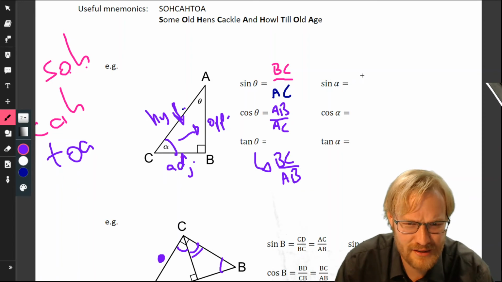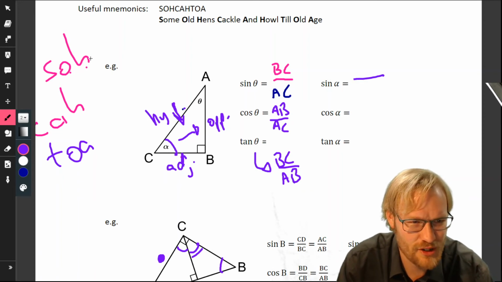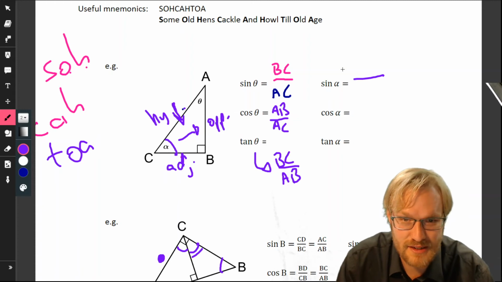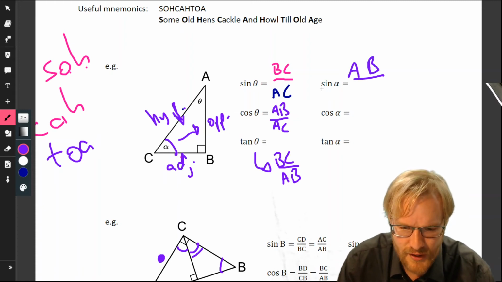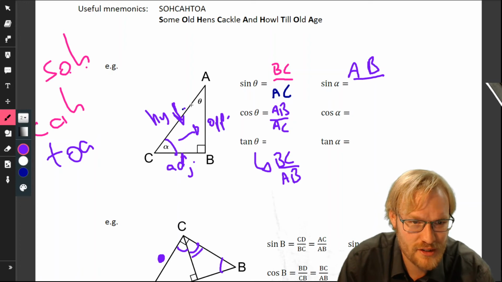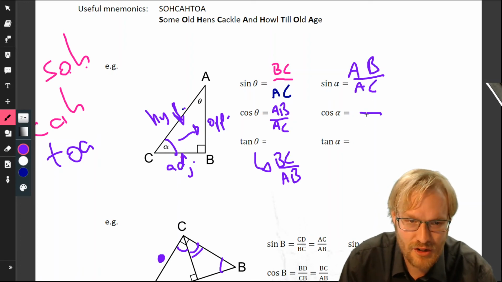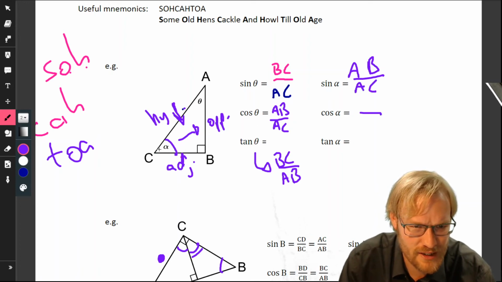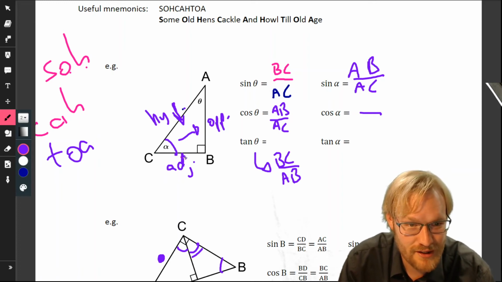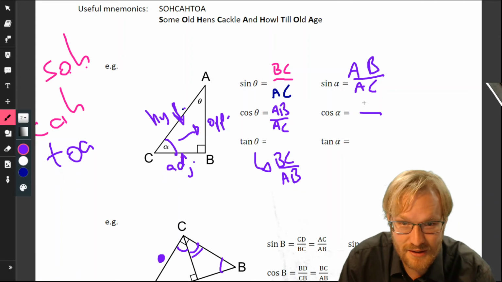So we're on sine. Sine, we said, was opposite over hypotenuse from our SO. So opposite in this case is AB over our hypotenuse AC. Cos of alpha: cos is adjacent over hypotenuse, BC over AC.